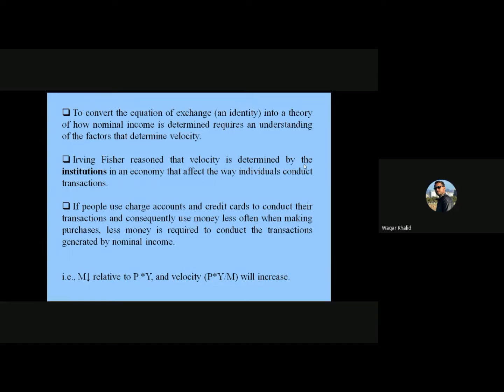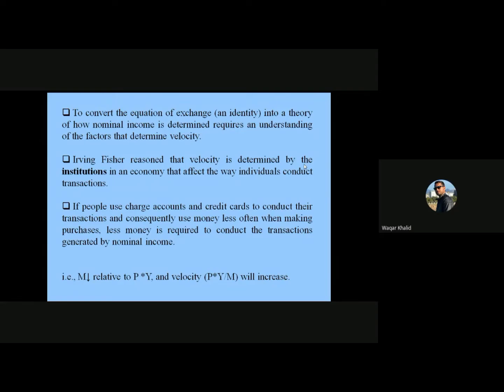For example, suppose you have a credit card and you are going to a bank to get a service. If you have a credit card, it means that you will spend money very less in quantity because you will produce your credit card to the bank or to a shopkeeper and they take the payment from your card. It means that customers have less money in hand.